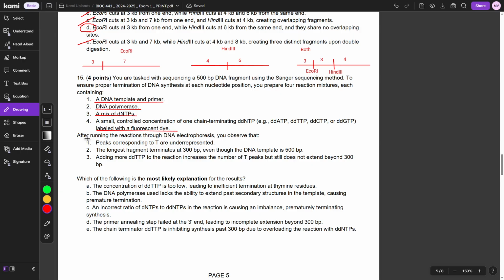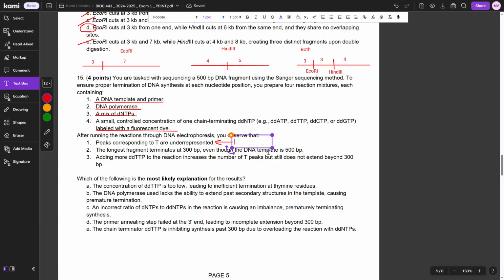After running the reactions through DNA electrophoresis, you observe that peaks corresponding to T are underrepresented. Okay, so maybe you didn't add enough thymines, like maybe you didn't add enough of the ddTTPs. It seems like you maybe didn't add enough of them. The longest fragment terminates at 300, even though the DNA template is 500.